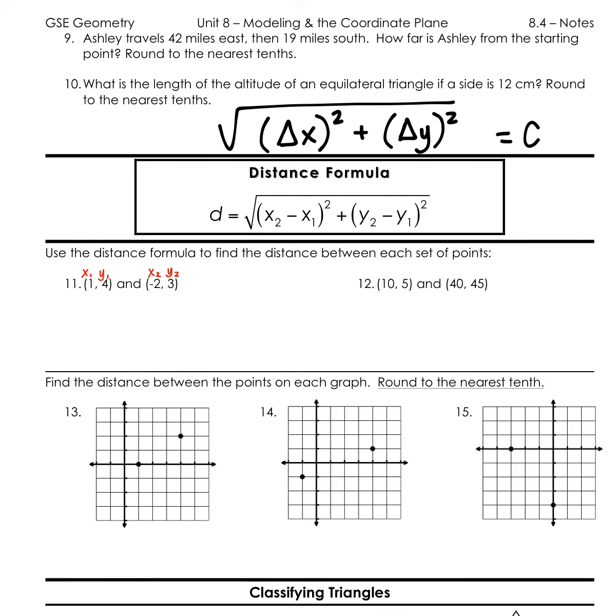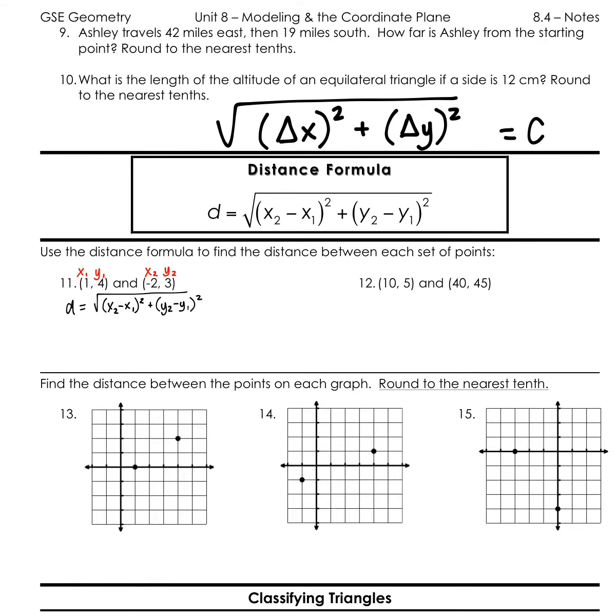If these were on a graph, I'm going to guess the one on the right would be the first one we label. But it doesn't matter. And it's beautiful because I'm going to show you all that. So our distance equals the square root of x2 minus x1 squared plus the change of y squared.